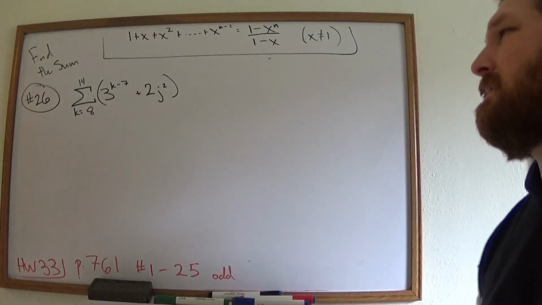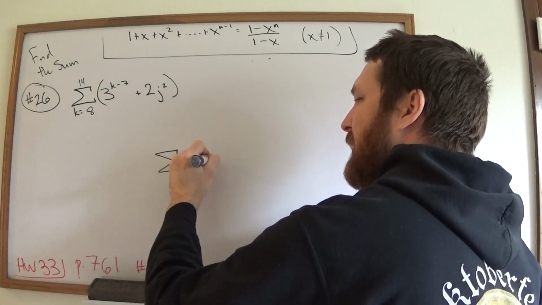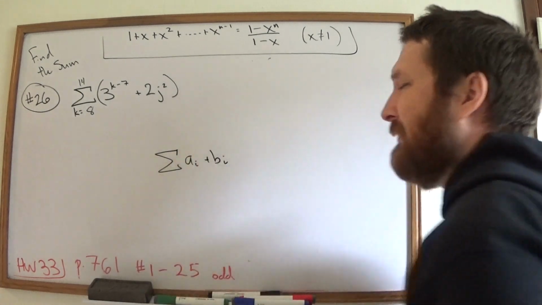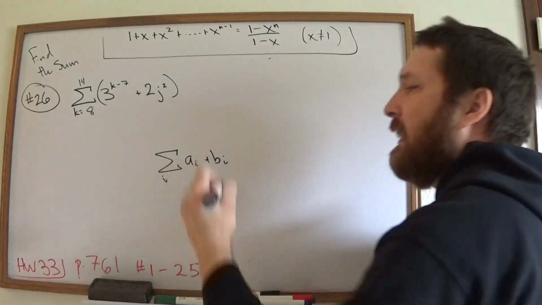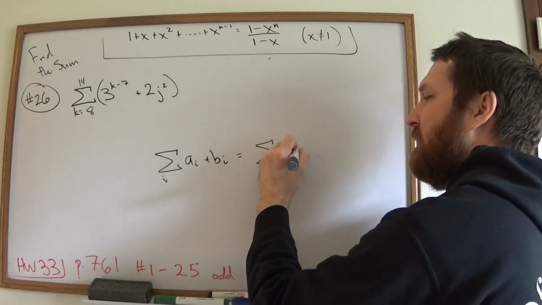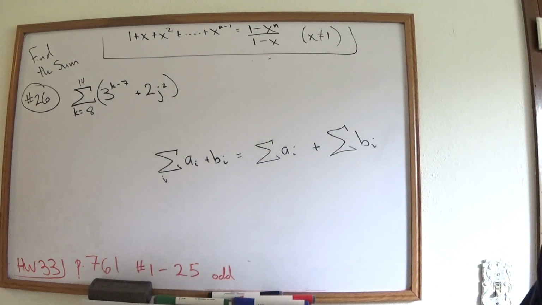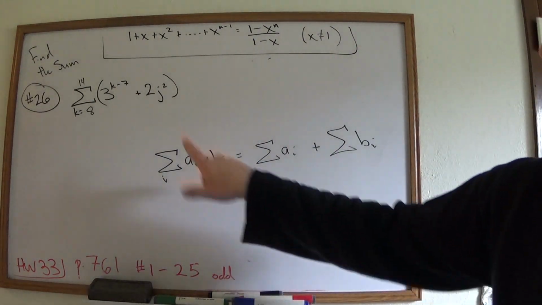Another thing to notice is, if you remember, you have a sum of anything with the a_i's plus b_i's. Okay, yeah, we use k's, but whatever. We said that's the same thing as the sum of the a_i's plus the sum of the b_i's. This might be a great place where you use that.